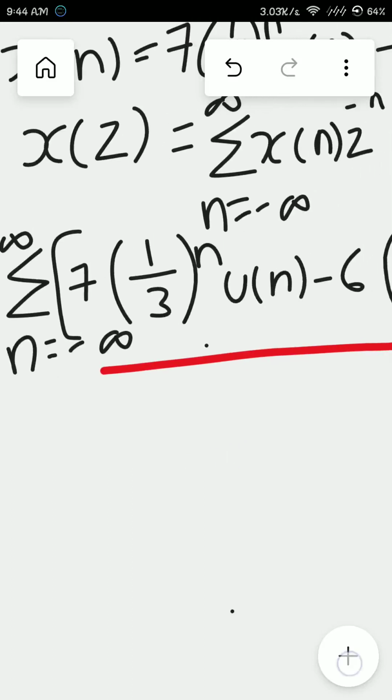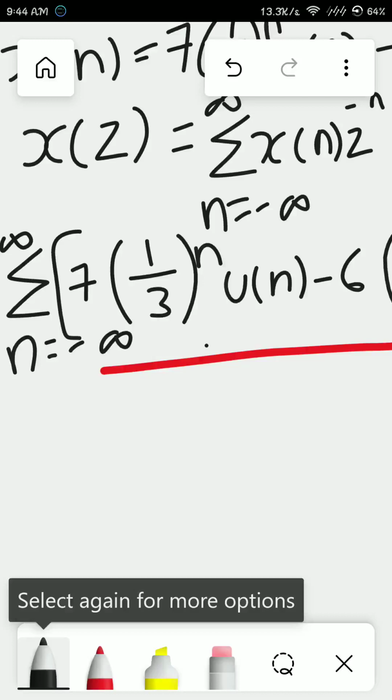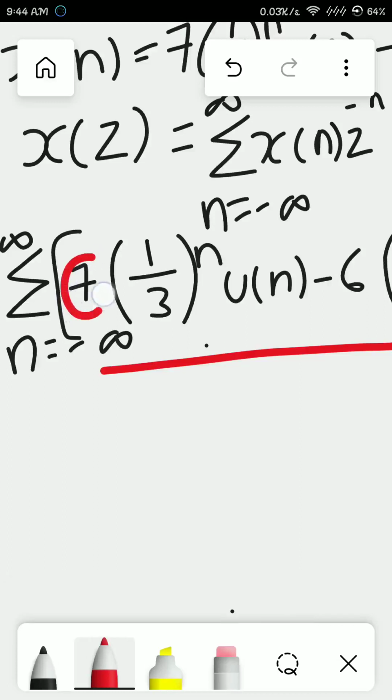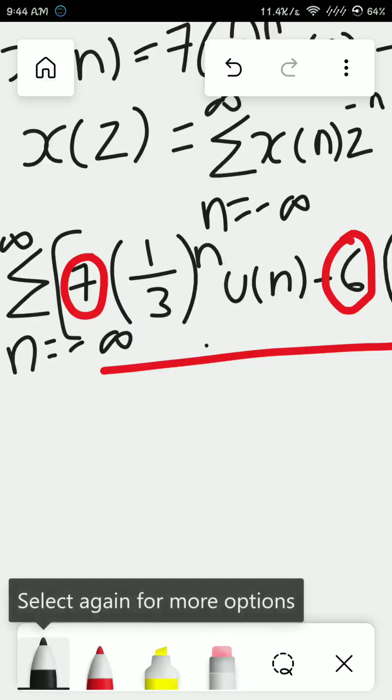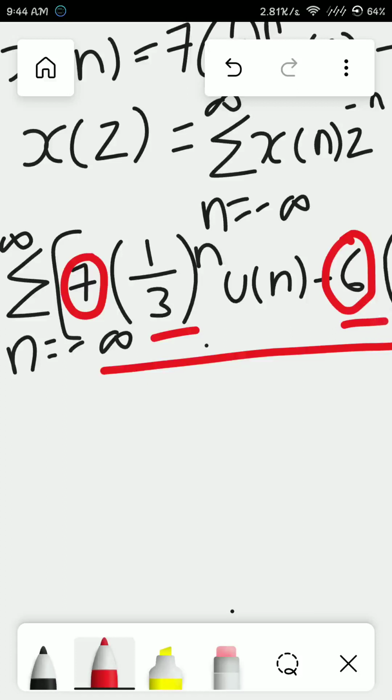What is the separation? You can see that there are constant values, your 7 and your 6, so I am going to take them outside. And I am going to provide summations for these two terms separately.